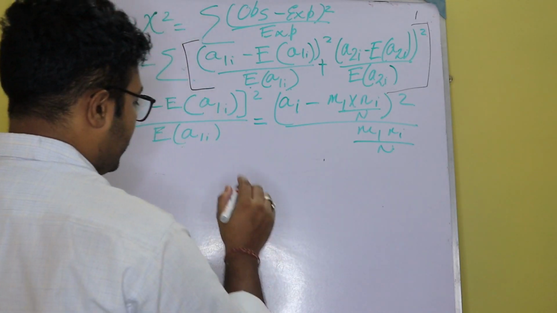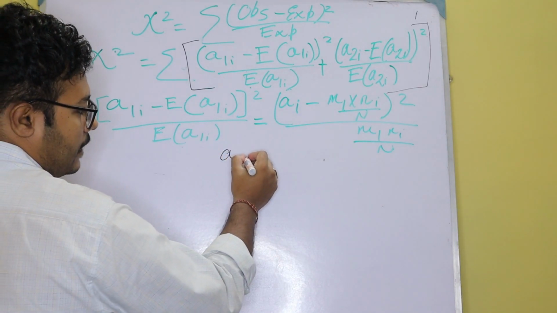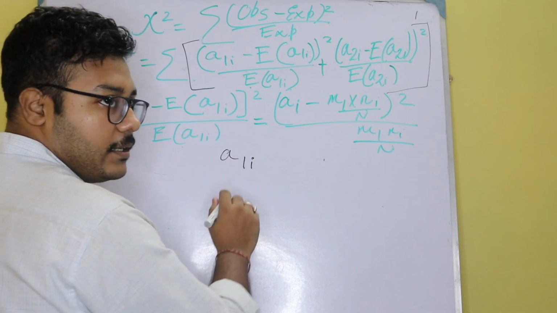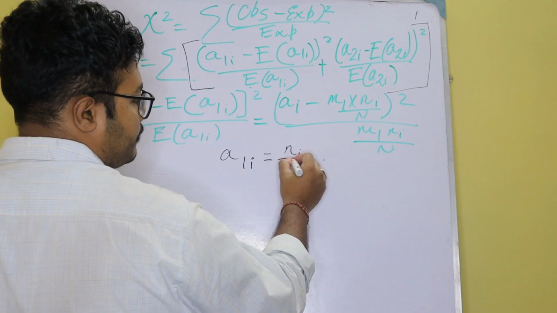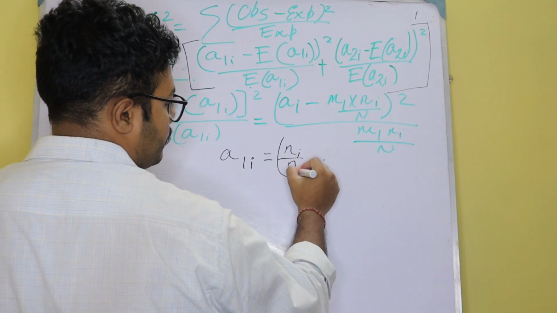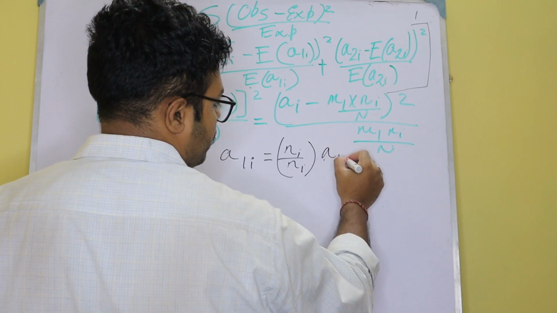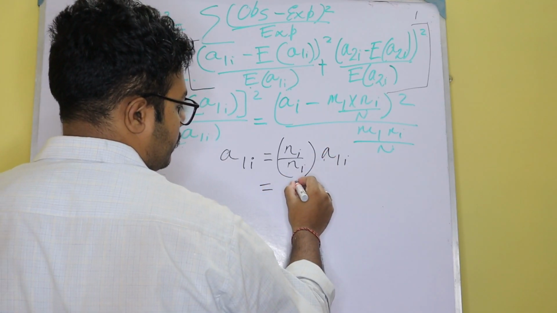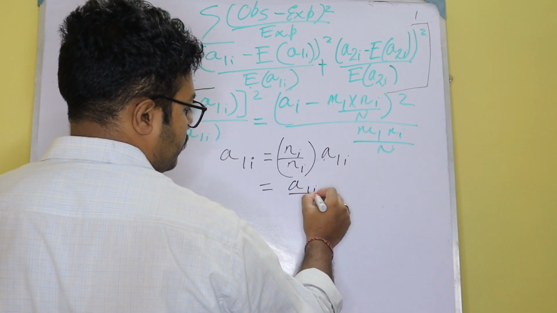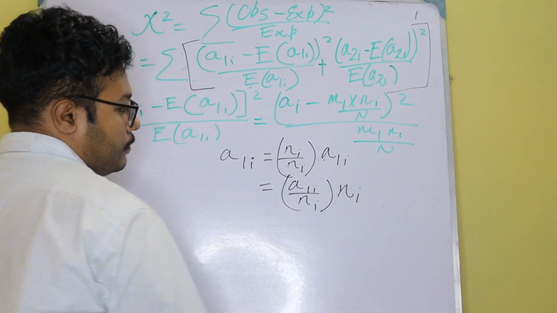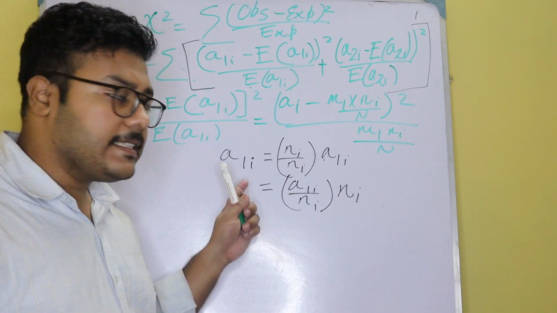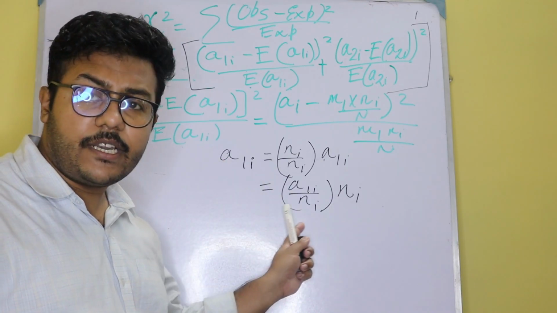Now see, can we write this A of 1i like this? We can write this A of 1i like this expression also.